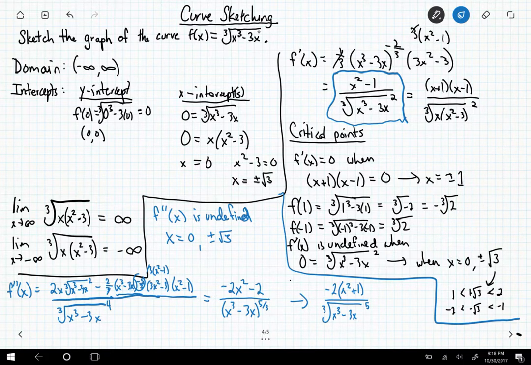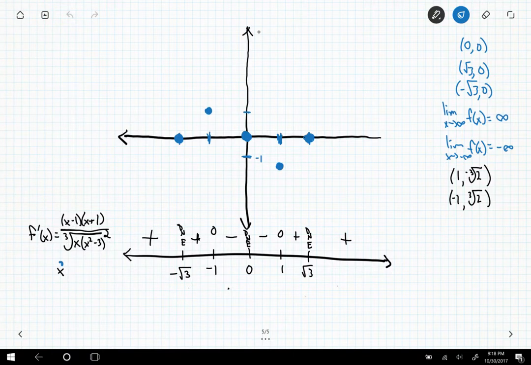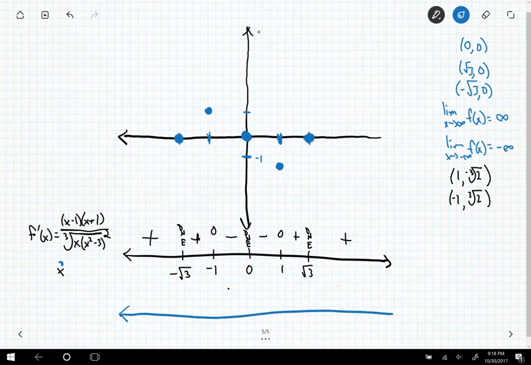So where do we go from here? Well, that means on our second derivative chart, we have 0, we have minus square root of 3, we have positive square root of 3.